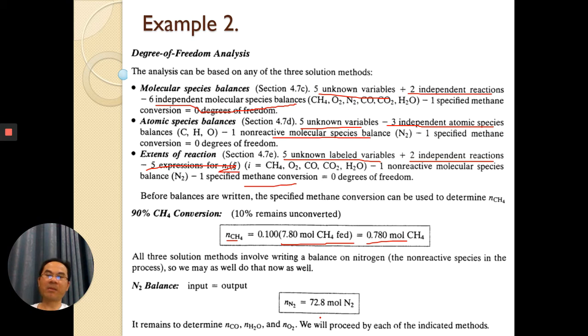Because nitrogen is not a reactive component, there is no generation and no consumption, and with no accumulation at steady state, input equals output. So the output is also 72.8 mole.